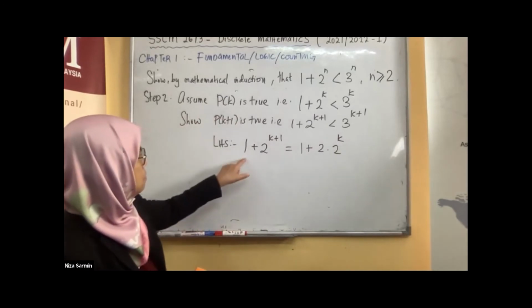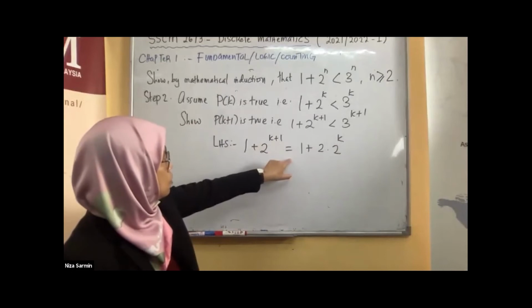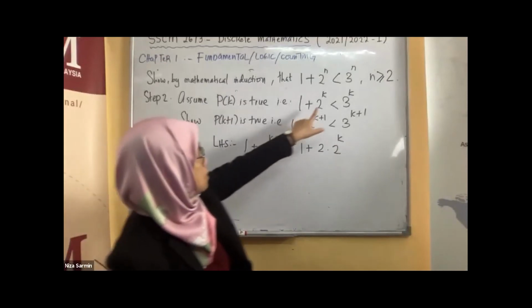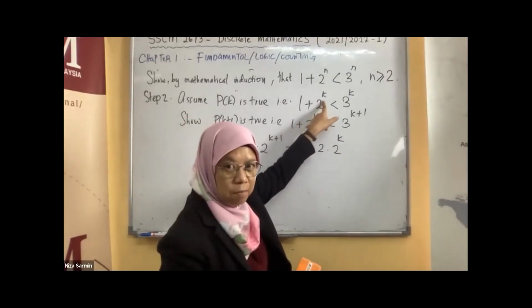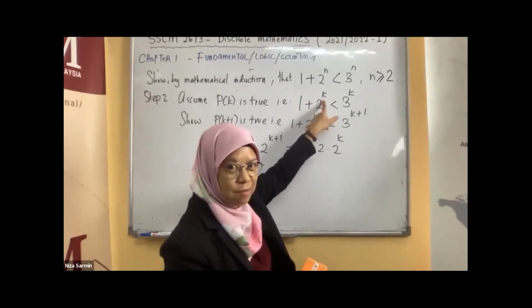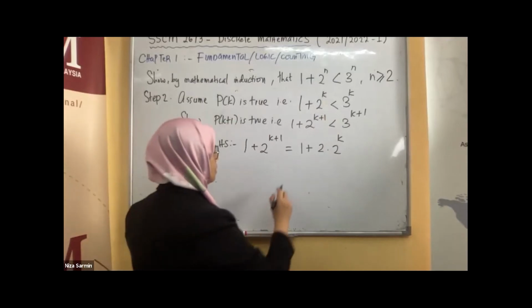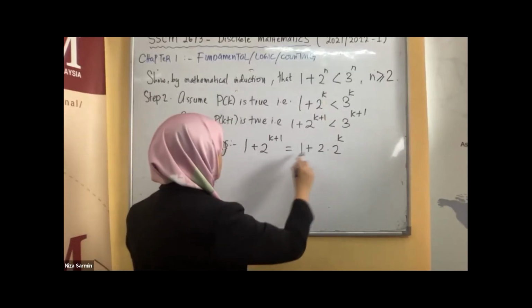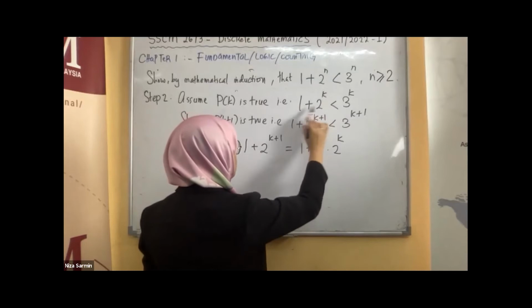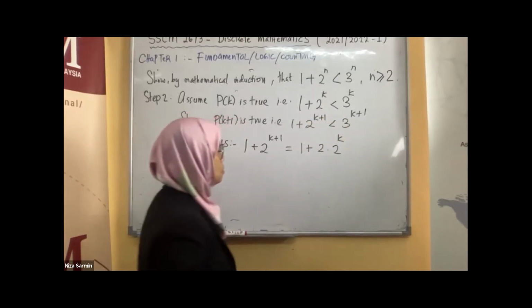I just have to have 2 to the k by itself. So we don't want this. How do you break it up, replace this, and later on you get this?